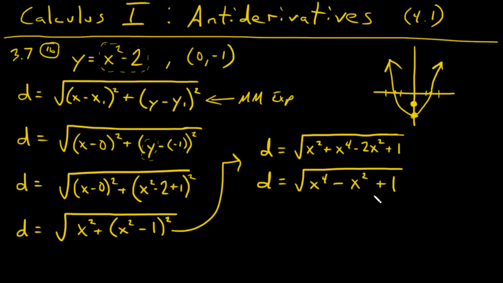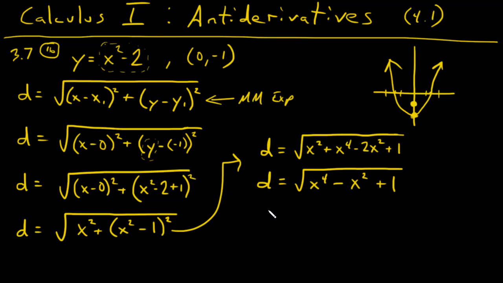So what I want to do now is to find the minimum value in the system. The minimum value is going to be when I take the derivative and set it equal to 0. But as we talked about in the last video, I find the minimum for the root expression when I find the minimum of what's in the root.